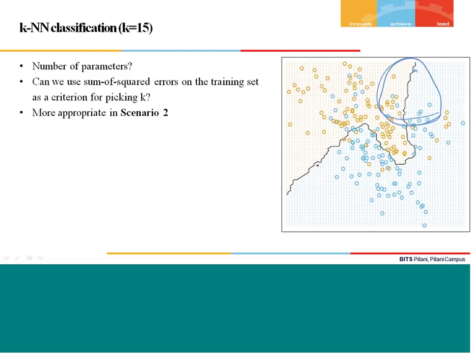Out of these 15 nearest neighbors, the majority is blue. That's why the color is blue here. And the color is orange here because if you have a query point in this region and take 15 nearest neighbors, the orange will win the majority every time.